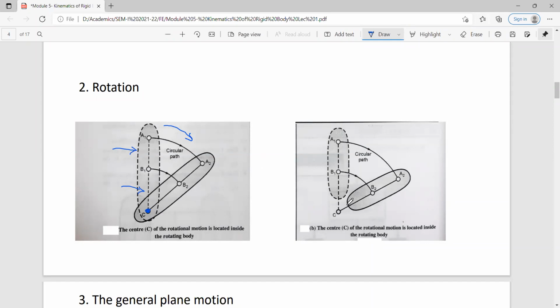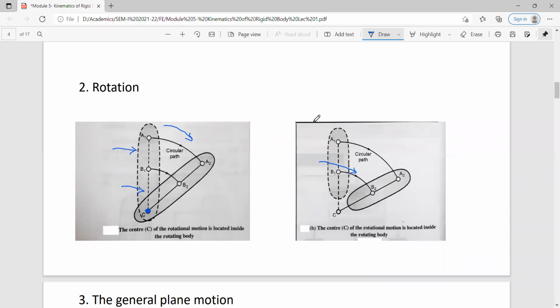Another case is when the center of rotation is not present on the body. It is located outside of the body. Around this point this whole body is rotating. So it is another case of rotation.